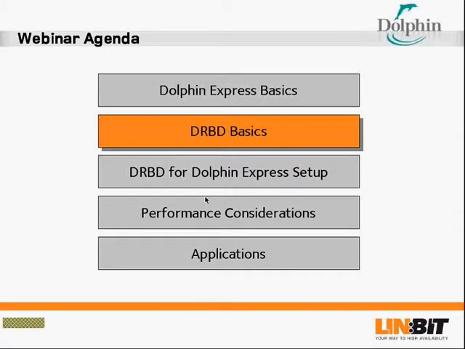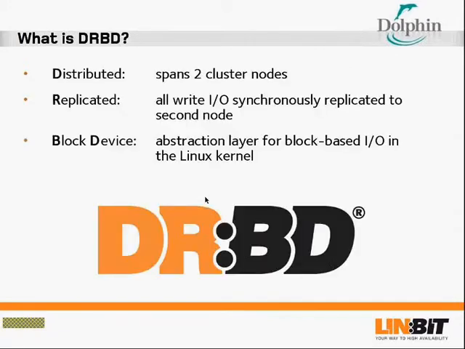So DRBD as such is a distributed replicated block device. What does that mean? It is a block device, that is to say it sits at the abstraction layer for block-based I/O in the Linux kernel. What that also means is that it sits below any file system layer, below any application layer, and that in turn means that it can literally be used for any application whatsoever as long as it uses a block device, and those that don't are indeed few and far between.